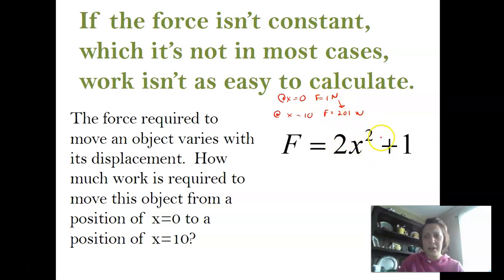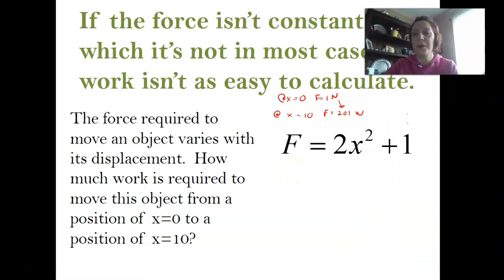This is a quadratic equation, a nice smooth curve. So between 0 and 10, this force is increasing. It's going to go through every value between 1 and 201. So it's not like I can just use an average force over the interval. No. We can, however, still figure out the work done.